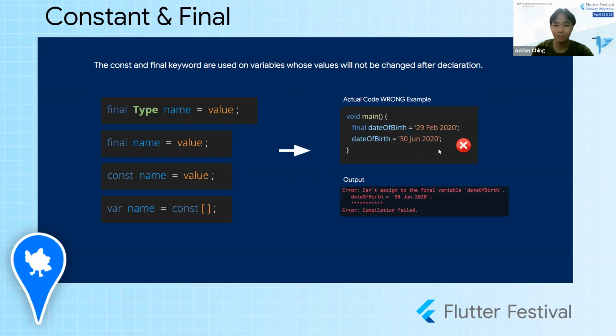So if you try doing so, Dart will tell you it's an error. And just add this final keyword over here. These are the different formats. But don't worry about it. Most of the time for the constant, in a real Flutter app, Dart will tell you when to add constant. And for final variables, you can just use it on variables that you know are not going to change. That's it.